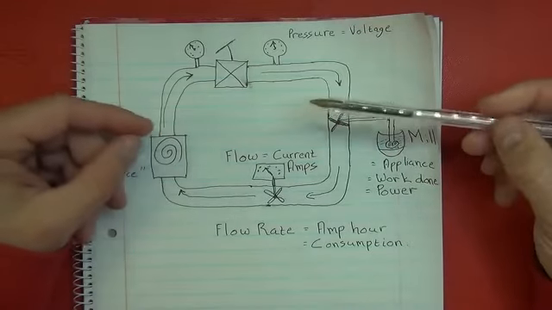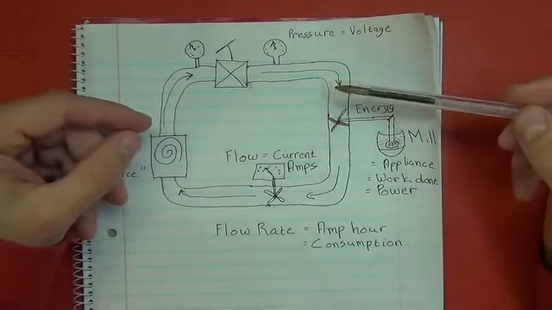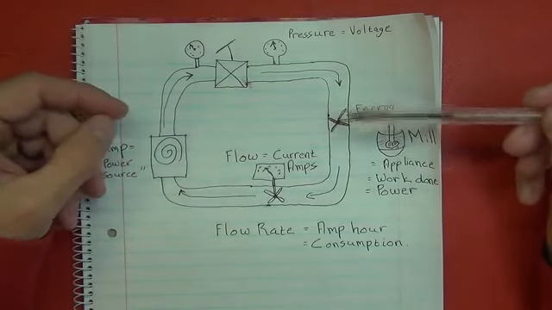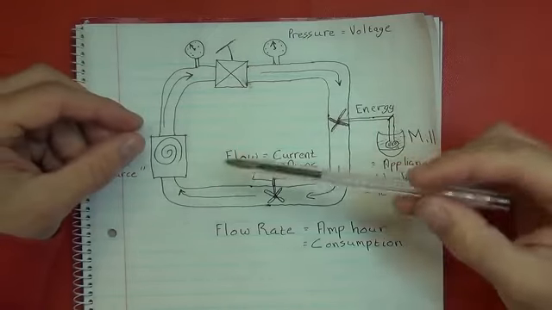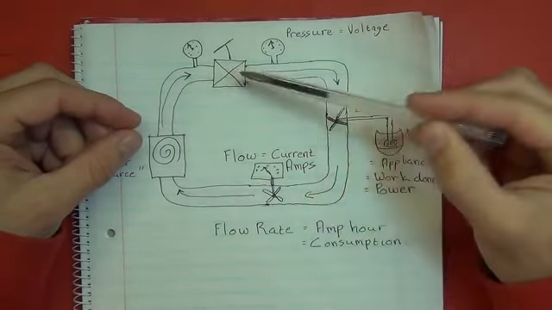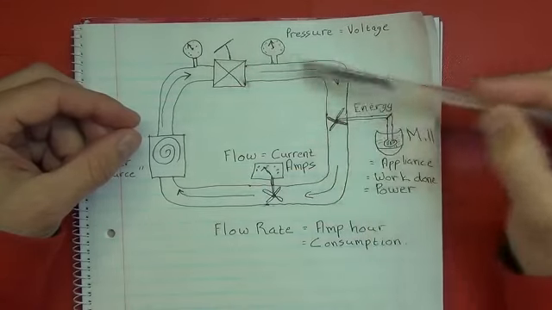Now let's quickly discuss why alternating current is used as opposed to direct current for your house. As I said, it takes a lot more energy to use direct current on a big system.